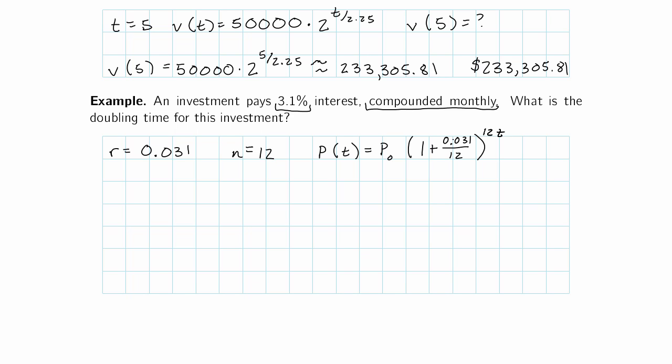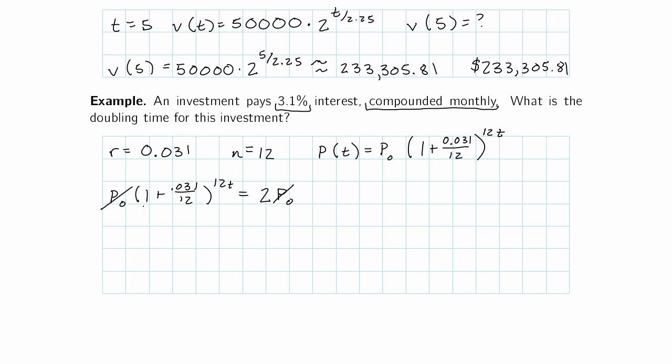Okay, and we want to find t so that our P of t, P0 times 1 plus 0.031 over 12 to the 12t, we want to find t so that our principal has doubled, so that we get 2 P0. Assuming that our initial investment wasn't 0, we can cancel those out.